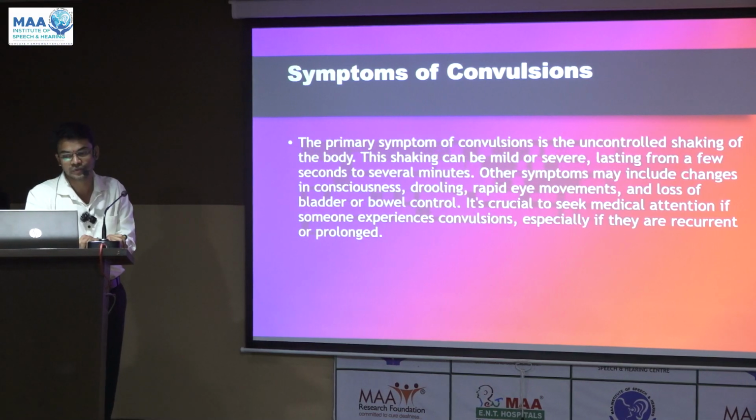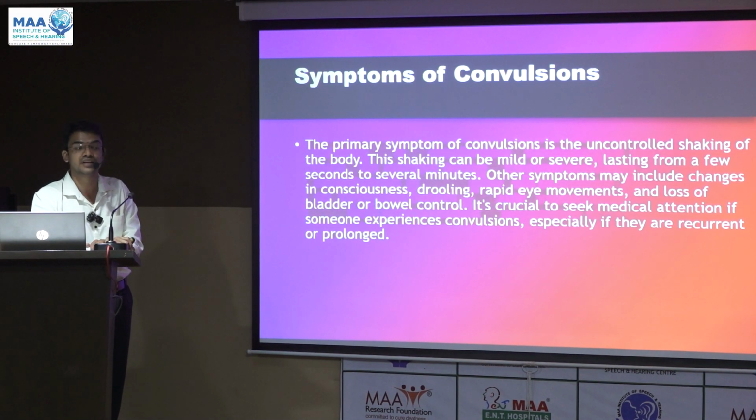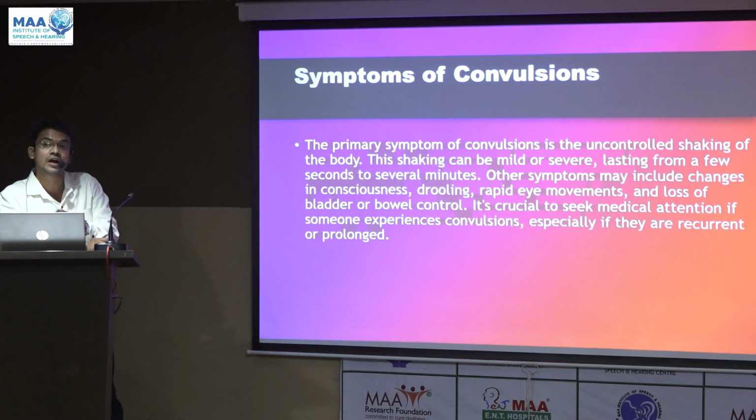The person may also experience high jerky movements which can harm him with repeated fractures. These are the regular signs and symptoms of all convulsions, but these symptoms may not be present in all seizures or in epilepsy. These are only the signs which we can see with different kinds of seizures.